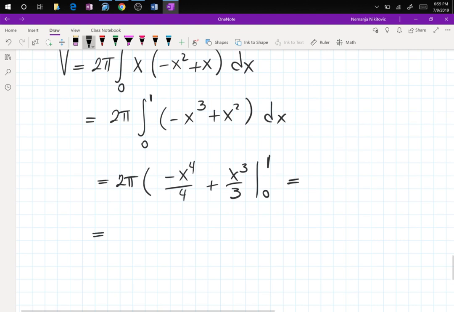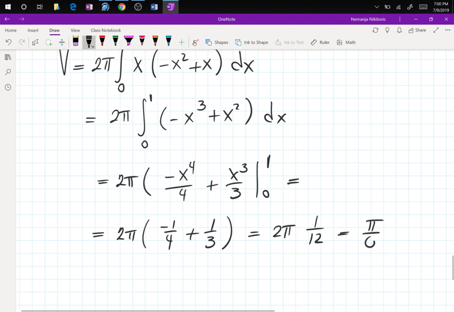Well, we don't have to worry about 1 either, because it's just 1. So negative 1/4 plus 1/3. That turns out to be 1 over 12, which is pi over 6. And that's the volume, pi over 6. About 1/2 units cubed, because pi is about 3.